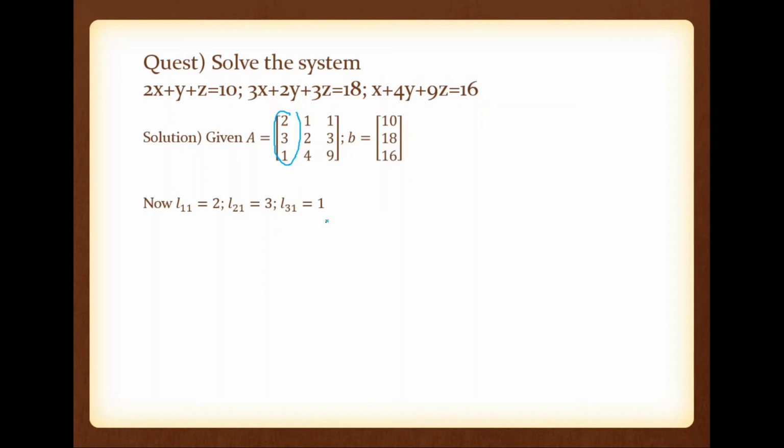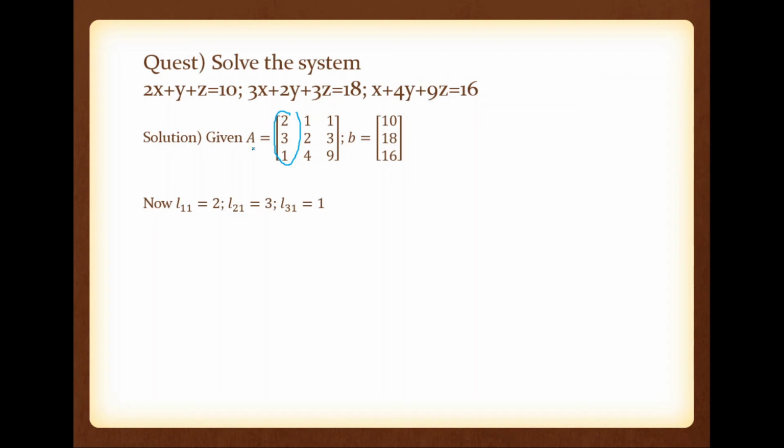Now find the first row of U, that is U12. U12 is A12 divided by L11, right? And U13 is A13 divided by L11, because L11 is the pivot, that is this 2 is the pivot.